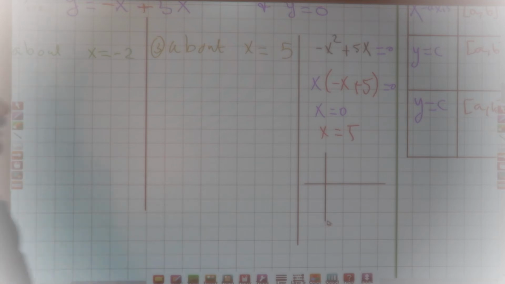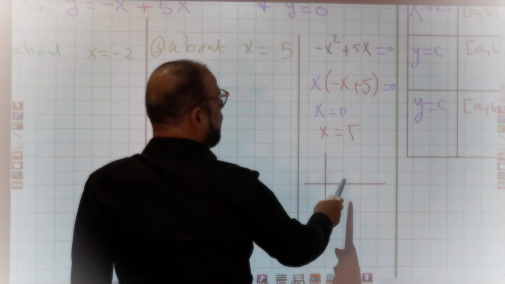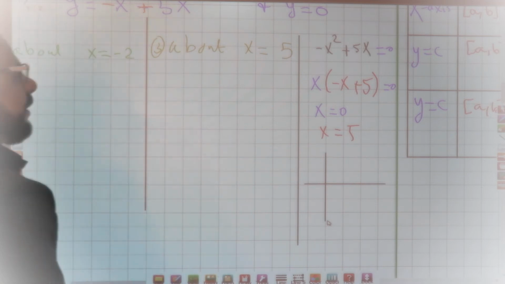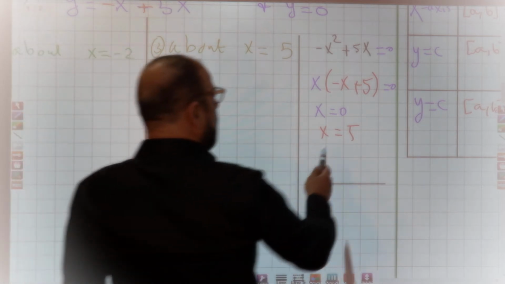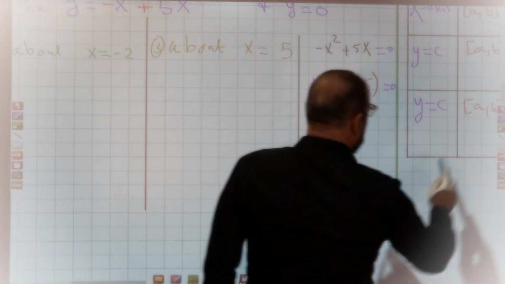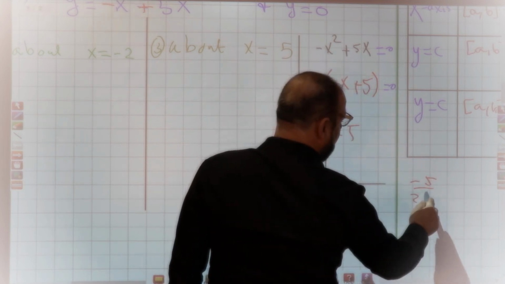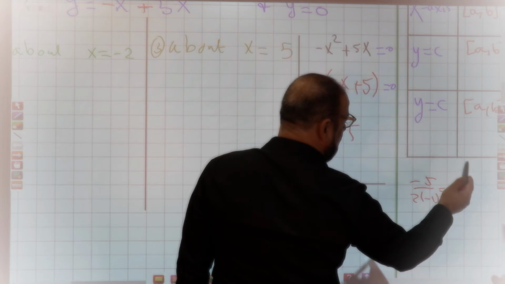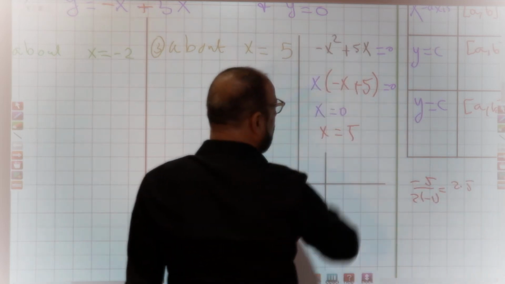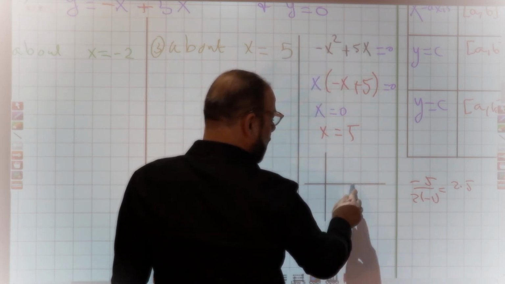Now the vertex, negative b over 2a, right? The vertex of this guy is negative b over 2a, negative 5 over 2 times negative 1. The vertex, if you remember that from algebra 2 and calculus, is 2.5.